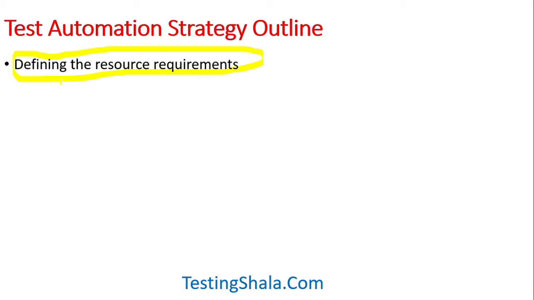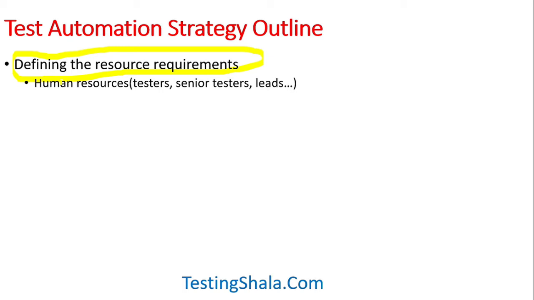We will define the resource requirement in terms of testers, senior testers, leads, and managers who will be required to bring this automation journey into your organization based on the organization objectives. That is very crucial, and we have to clearly define it.